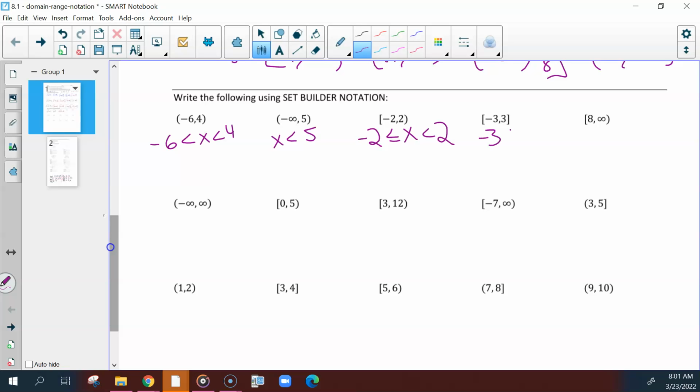So -3 is less than or equal to x, which is less than or equal to 3. In that case, it'd be from -3 to 3, including the endpoints. 8 to infinity, would that be greater than or less than? Greater than. And this has a square bracket, so that would be greater than or equal to.